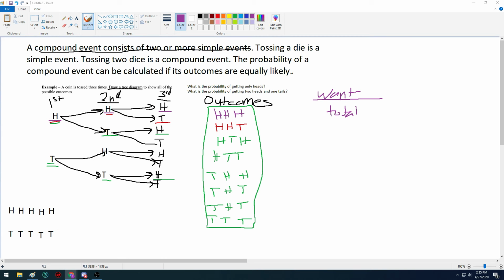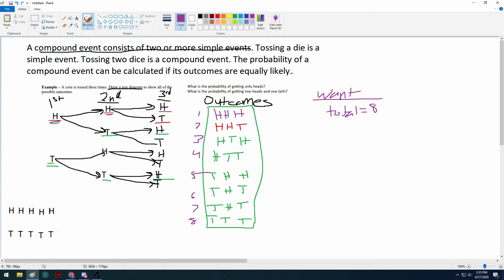So in this case, how many total events do we have? We have 1, 2, 3, 4, 5, 6, 7, 8. So know that every time we do one of these probabilities, we'll have a total equaling 8. So 2 questions I have for you to show you this.